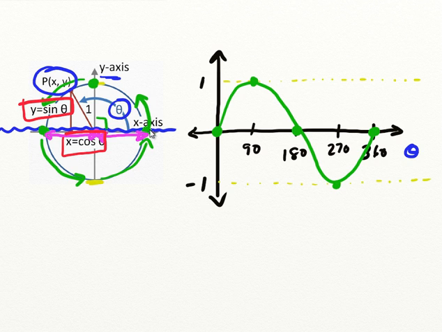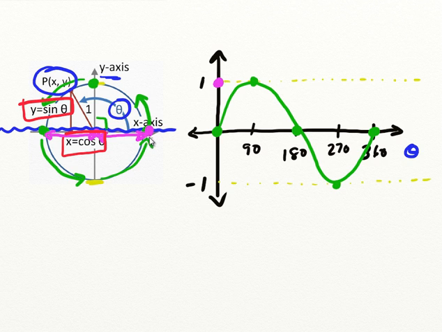So, when we first got stuck on the paddle wheel, right here, how far away are we from the middle of the wheel? Okay, relatively speaking, we are 1 away. So we actually start right here. We have a value of 1.